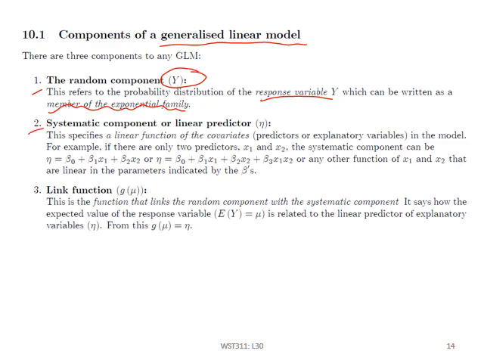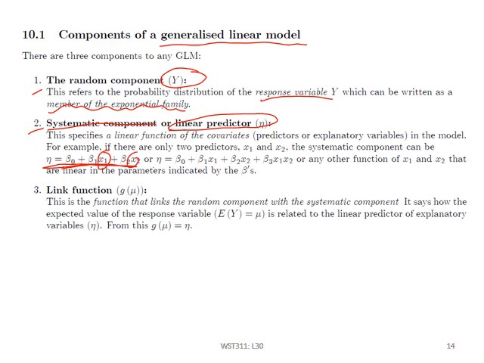The second component is what is called the systematic component, or also the linear predictor, and that is the linear function of the covariates. For example, if we have covariates x1 and x2, eta, the linear predictor, is given, for example, by that linear combination or linear function.